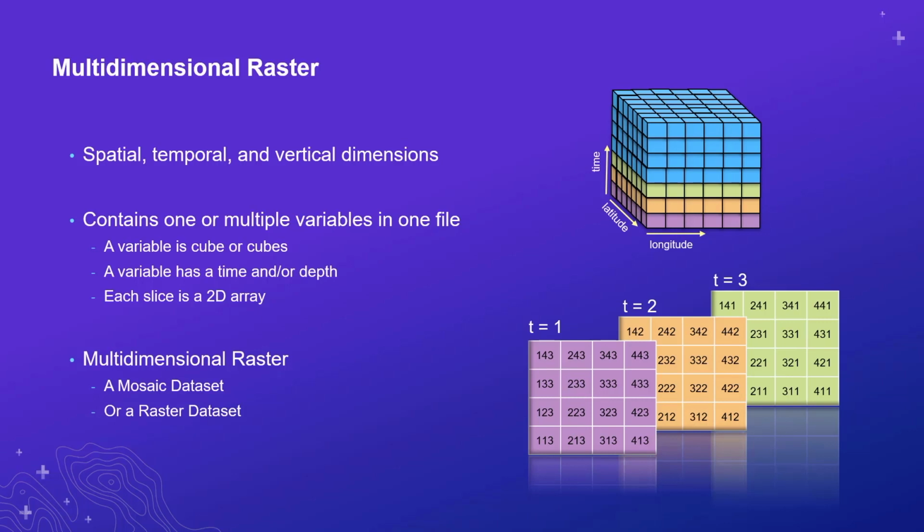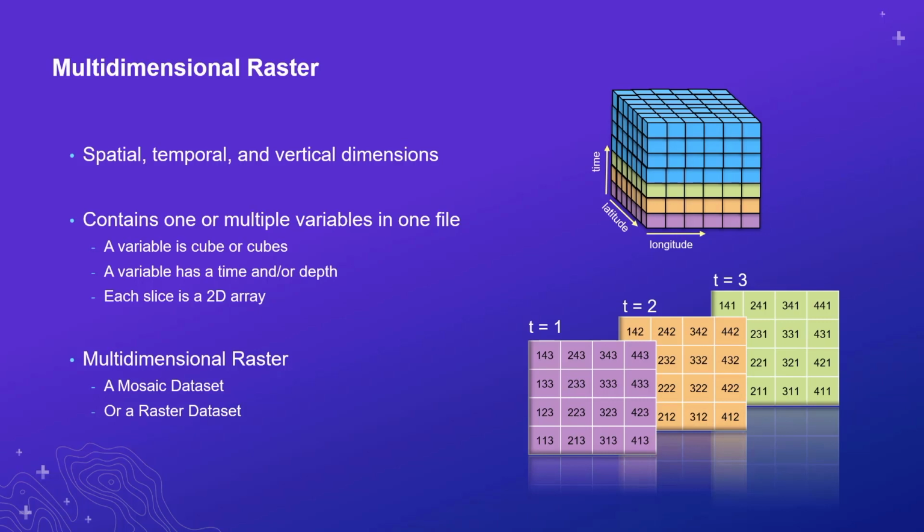Now, this cube can have one variable, or these cubes can represent multiple variables. So in a multidimensional dataset, you can actually have more than one variable, more than one cube. These cubes, as I said, have more than spatial dimensions. They have time or depth.